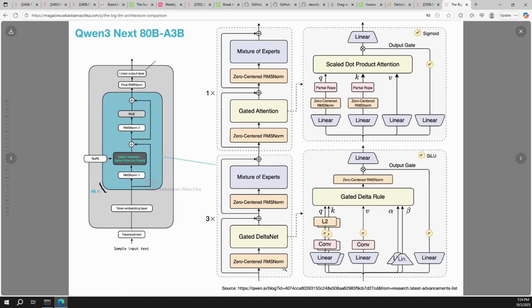And then we've got 3 of these, and we've got 1 regular attention here with the gating on the left. So I haven't read, I don't know if any of you guys have read about Qwen 3 Next. I'm wondering if this is really sort of 4 layers.